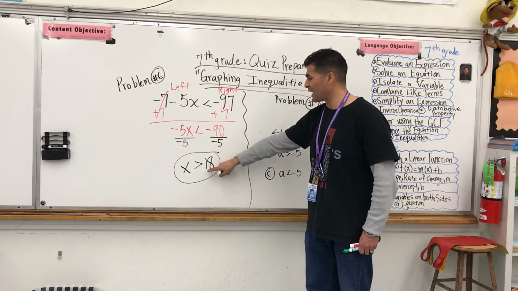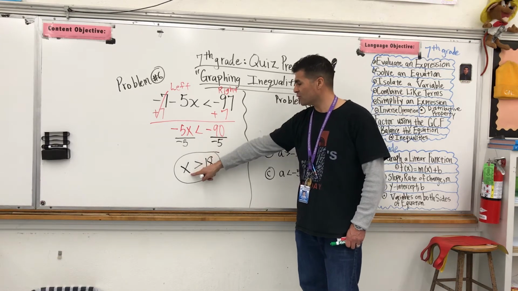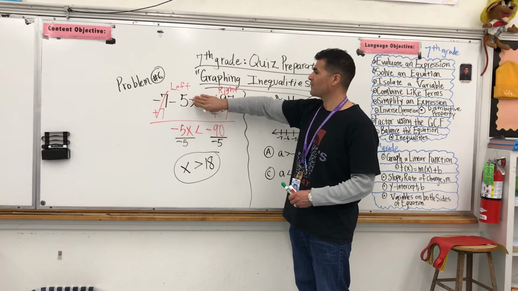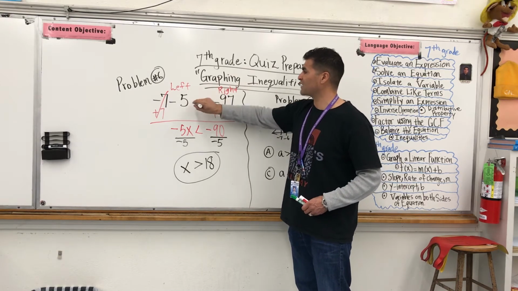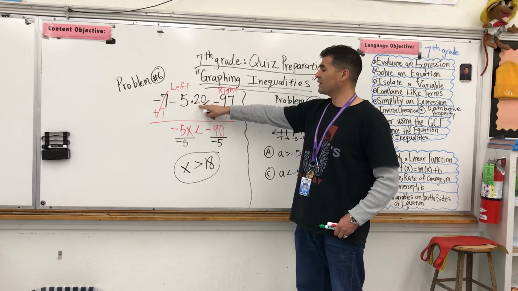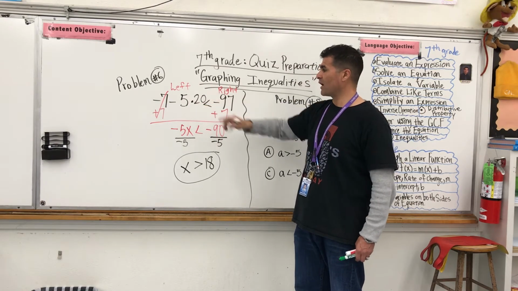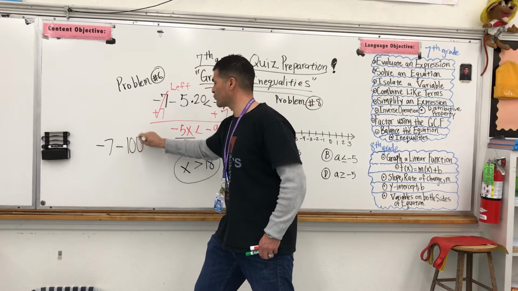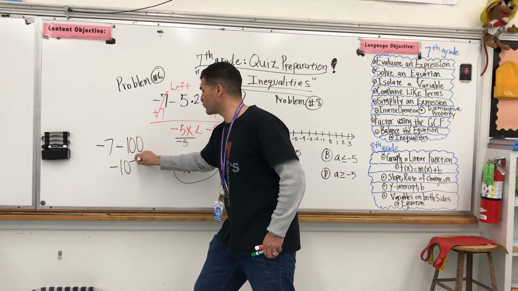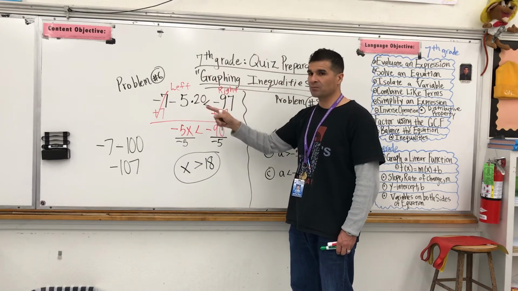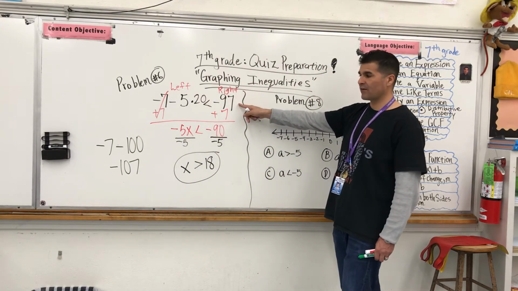Let's actually give this a try. Let's multiply a number like 20. 5 times 20 is equal to 100. -7 minus 100 gives you -107. -107 is smaller than -97.